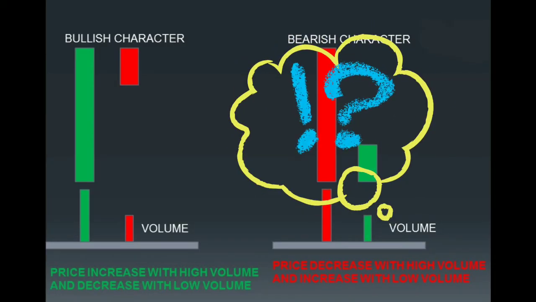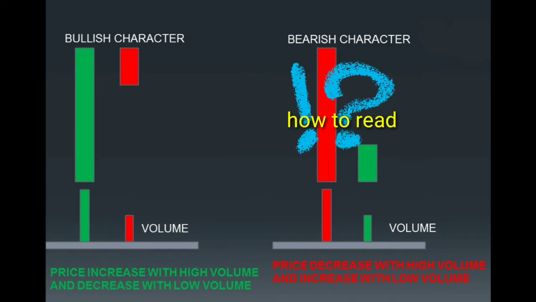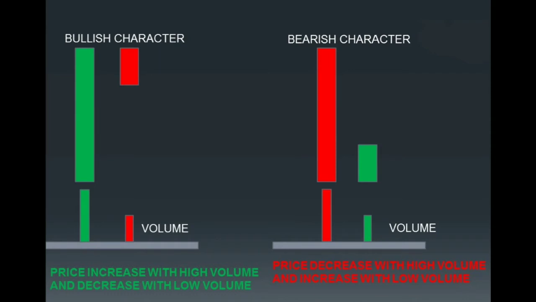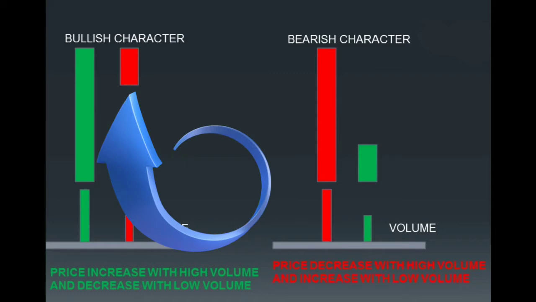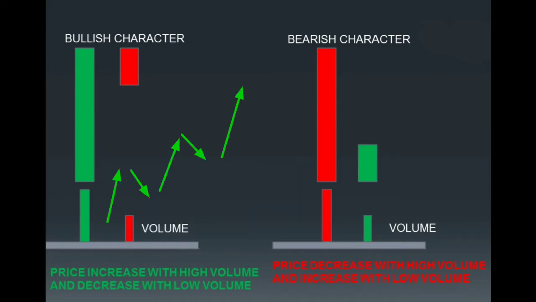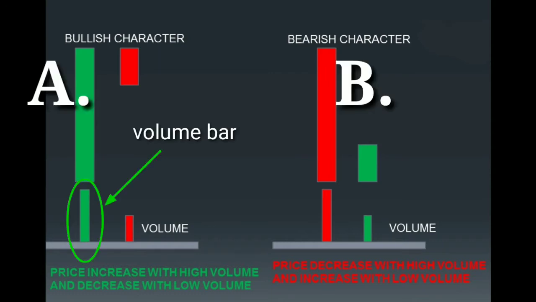Now we have to understand how to read the volume bars on our charts. Let's start with the bullish character. Each time there is an increase in prices, for instance in the bullish direction, watch if as prices increase, the increase in size of the bullish candle is directly proportional to the increase in size of the volume bar related to that particular bullish candle.